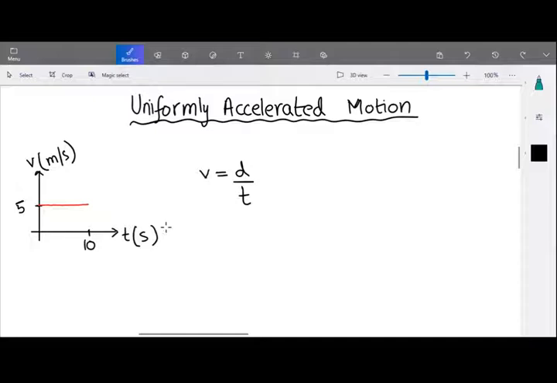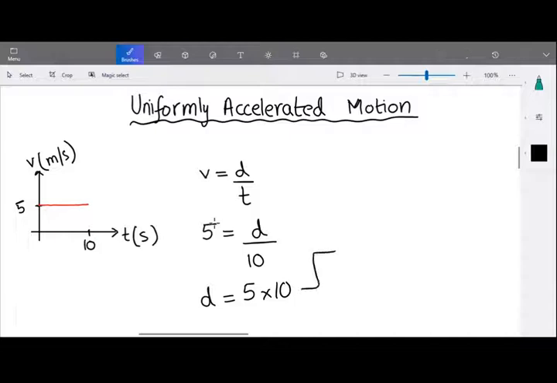So all you would need to do is plug in all of the values into this equation and simply perform a calculation. So your velocity is 5, your displacement is an unknown, and your time is 10. So you would just do 5 times 10, which would give you 50 meters as your displacement, right?